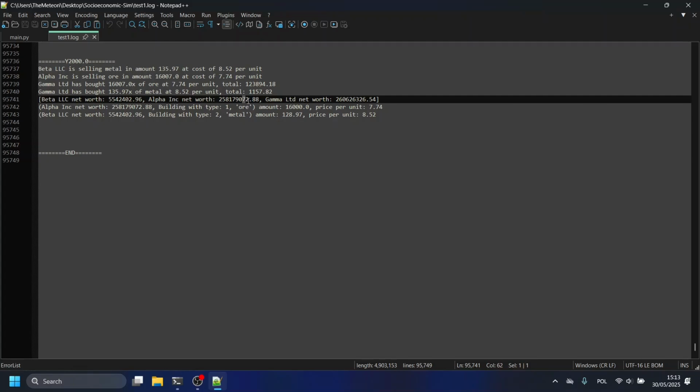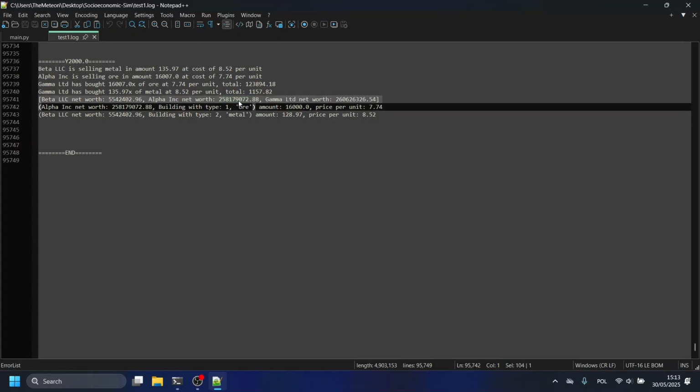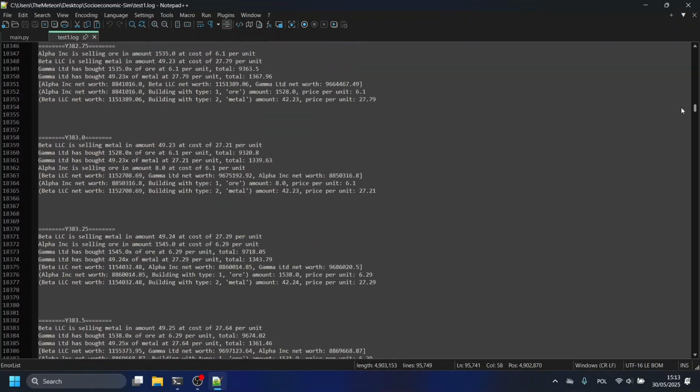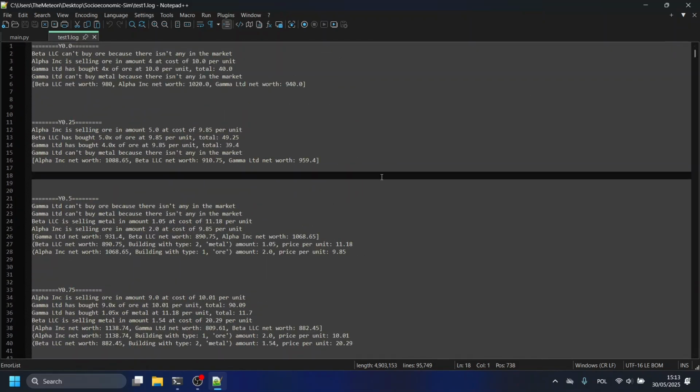Sometimes even more. If we look at Alpha Company here, Alpha Incorporated, we can see that it's at 258 million. So there's clearly more profit in ore than in metal, which was even seen in the graph in the beginning of the video.